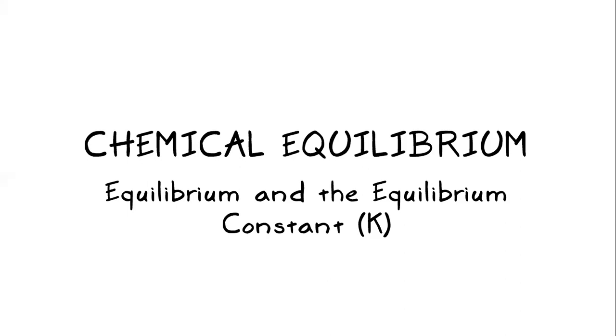Some other reactions can, however, occur in both the forward and the backward direction. So in these reactions, none of the reactants is completely used up, and so the reactions do not go to completion. So as I mentioned earlier, these are called reversible reactions. And we have several examples.